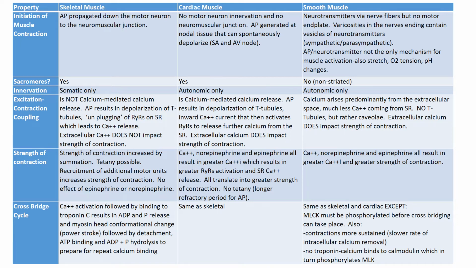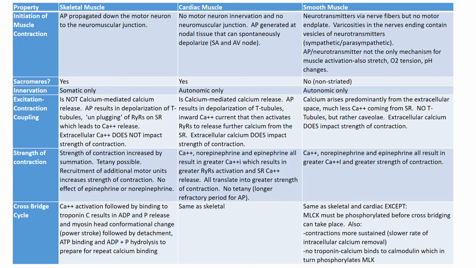Now, in the case of skeletal muscle, strength of contraction can be increased by summation and recruitment, but there is no effect of epinephrine or norepinephrine on this muscle type, as it only receives somatic innervation.